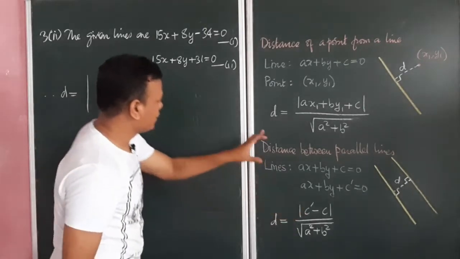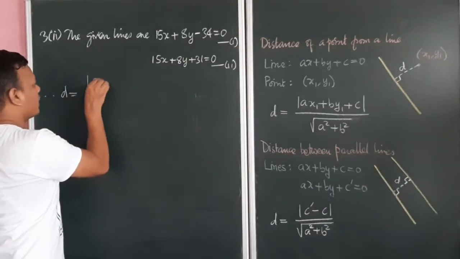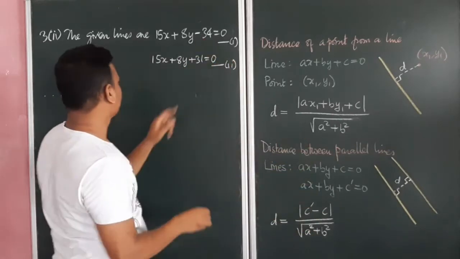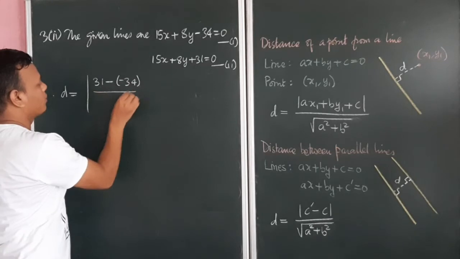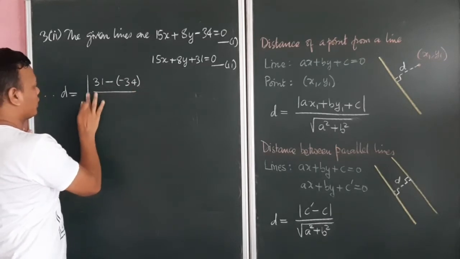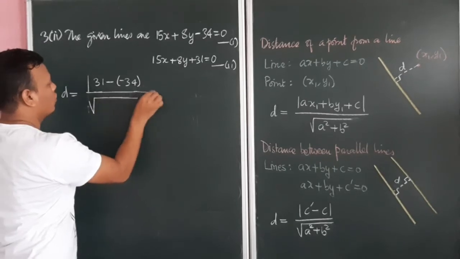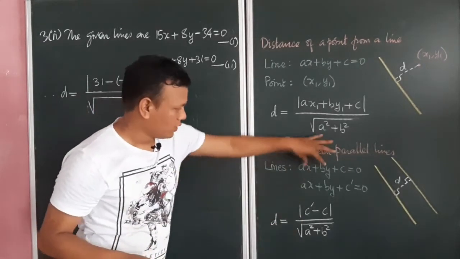How much is C dash? C dash is this one, that is 31, minus C. And how much is C? C is minus 34. Divided by the square root of a square plus b square.